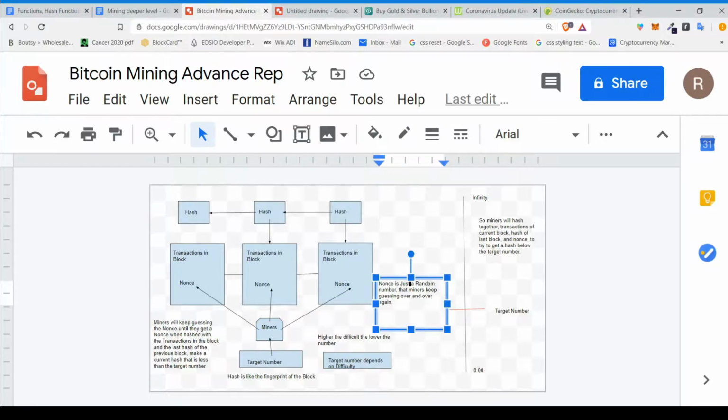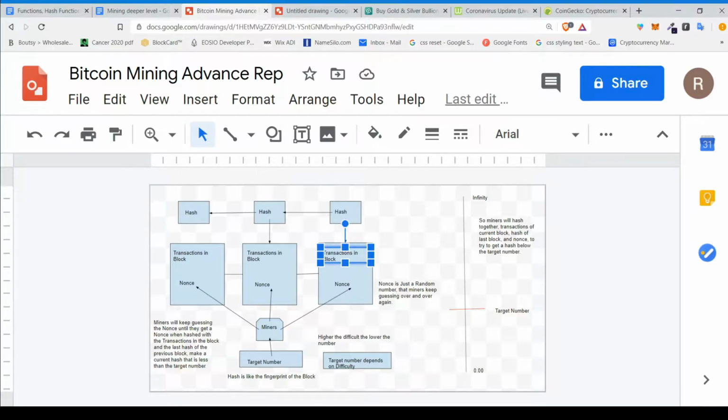The nonce is just a random number that miners keep guessing over and over again. When they hash these three things together, they need to get a number lower than the target number. So they'll just keep guessing the nonce and hashing it together with the transactions and the previous hash until they get a number that is lower than the target number.